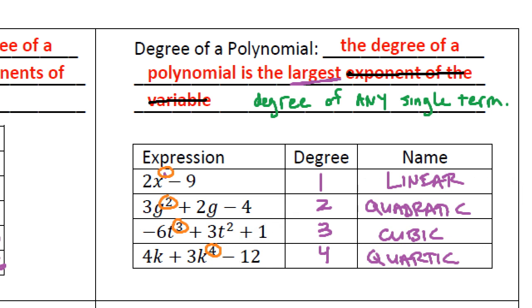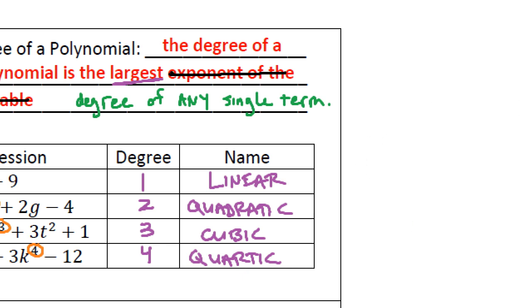So the additional thing that we're adding is saying, hey, what if you had a polynomial that said -4x cubed y plus 12x squared y to the fifth.